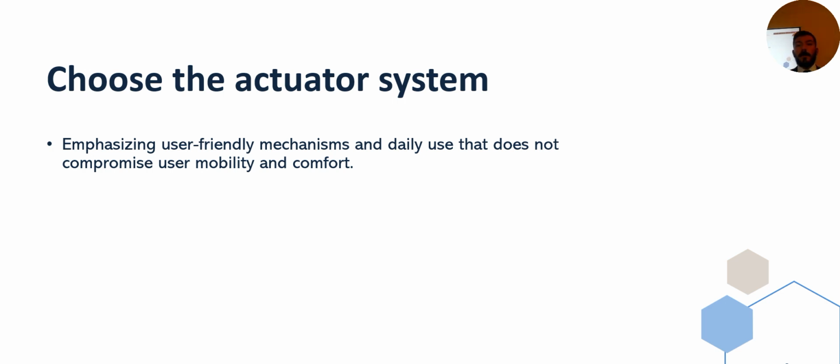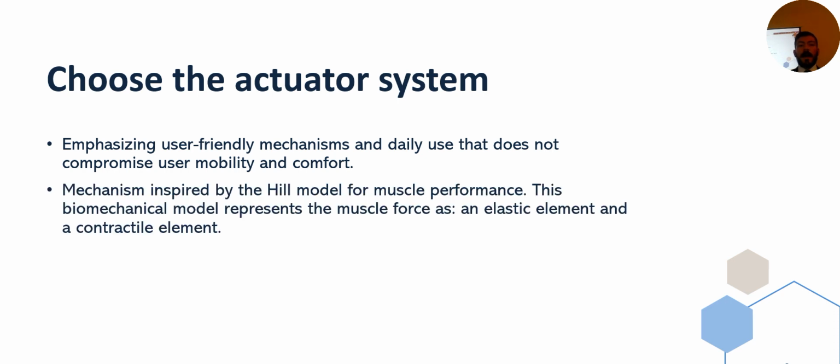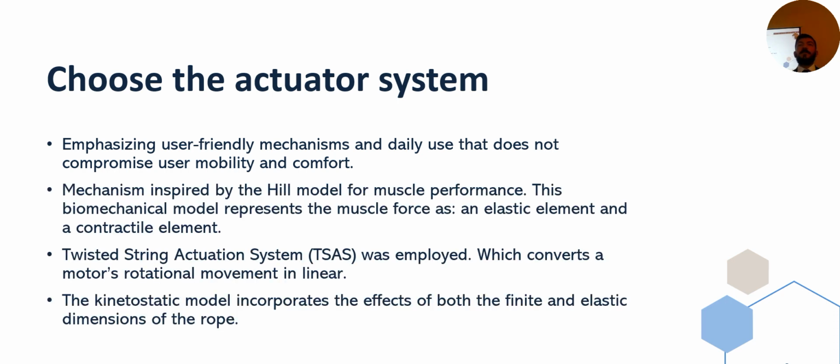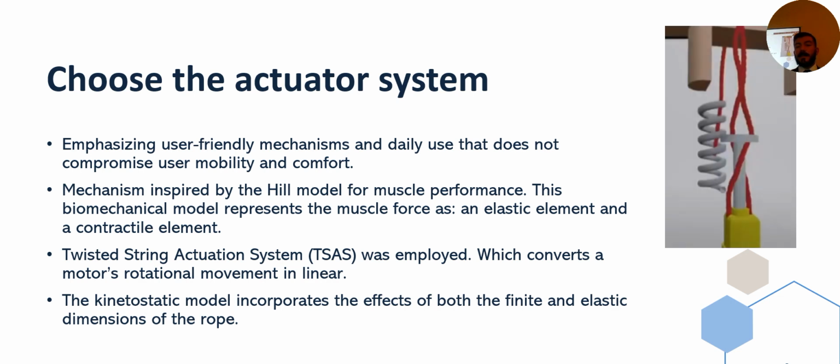So we use a mechanism inspired by the Hill biomechanical model, which says there should be an elastic element and a contractile element. For this, we selected the twisted string actuator system, the TSAS, which incorporates these elements.